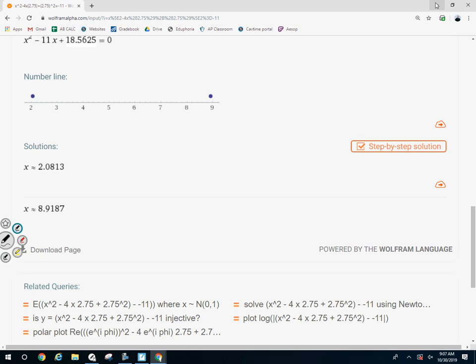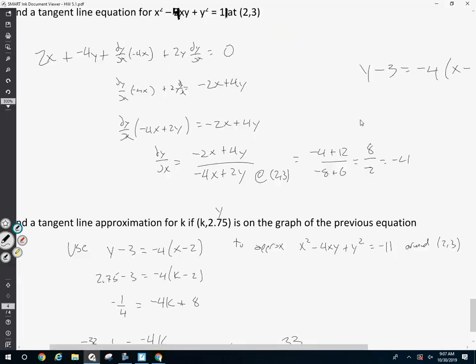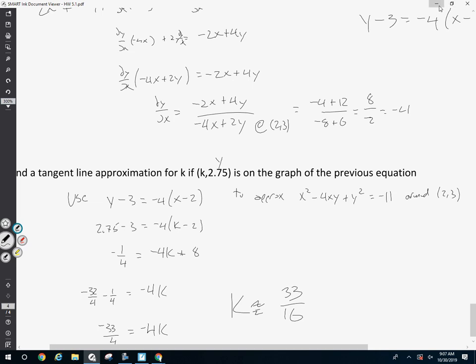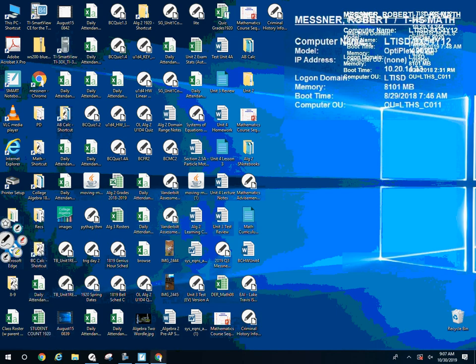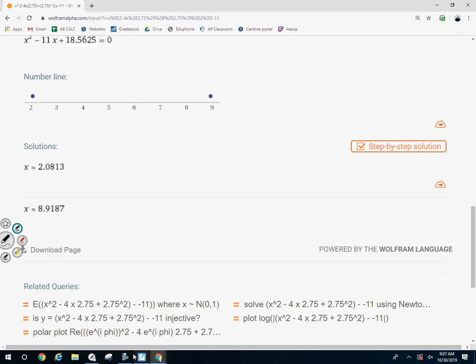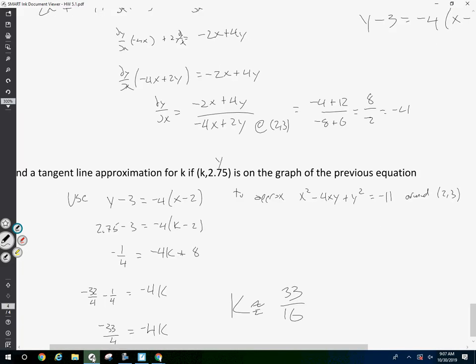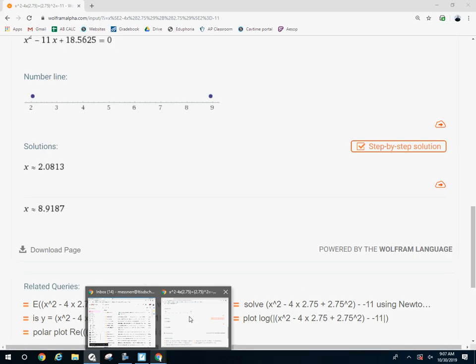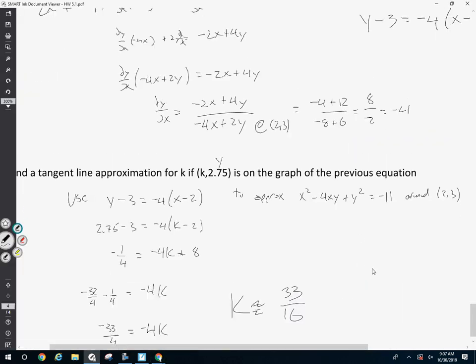I'm looking for the one close to 2, 3. 33/16 is 2.0625. So this is 2.0625, and I got, for an actual, 2.08. Okay, pretty accurate. Definitely accurate to the first decimal place.